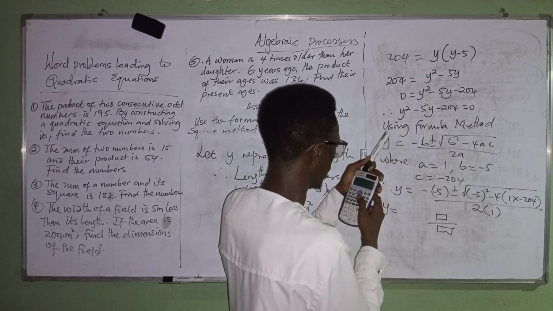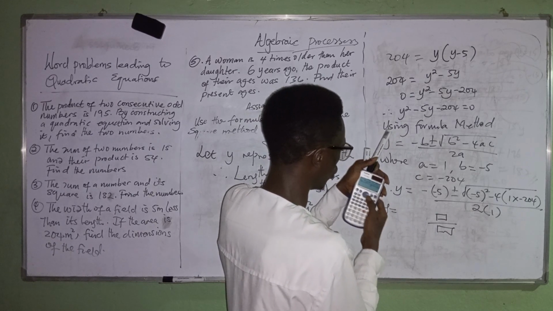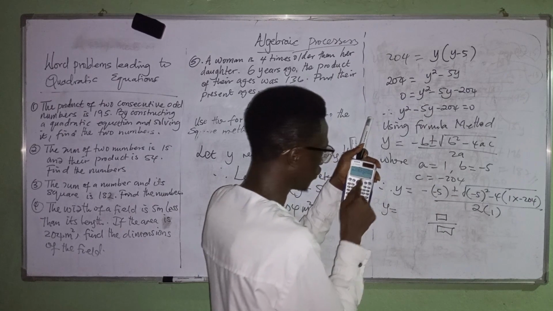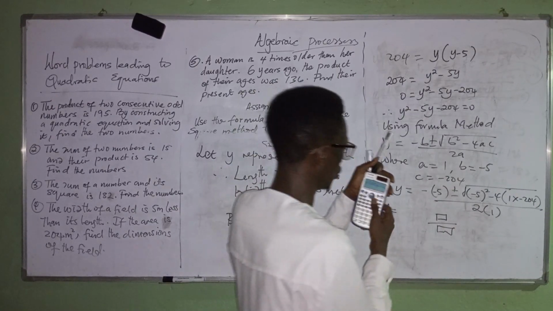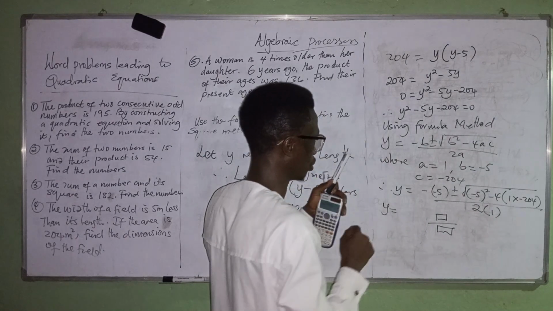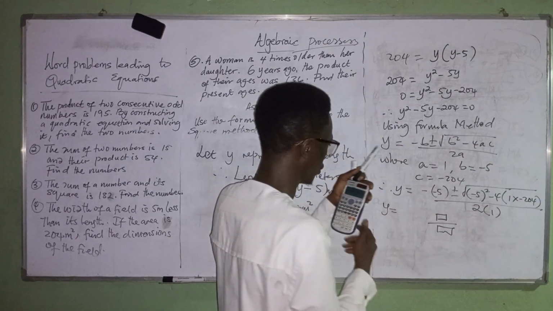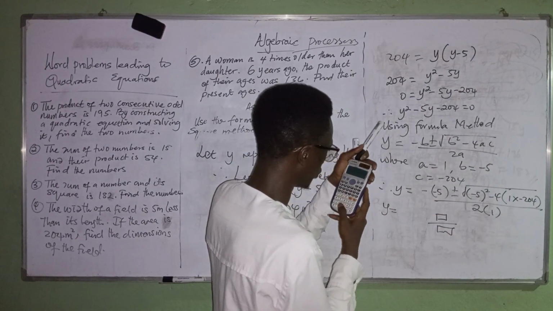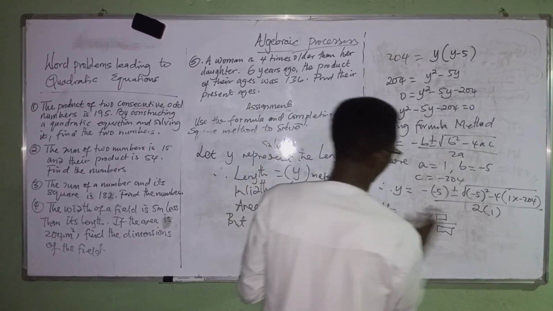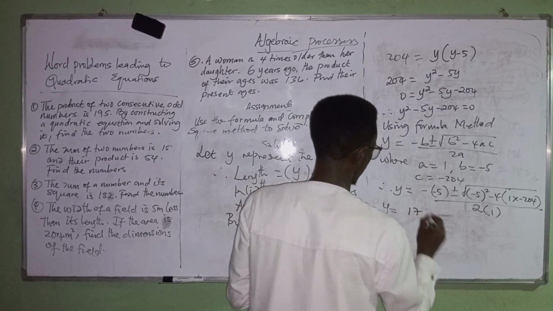Everything inside, then you press this button. You see 4 arrows here, you press the one that pointed this way, so that will bring you down. So down now is going to be 2. So once you get that, you get the answer. So y for the positive, this is 17.